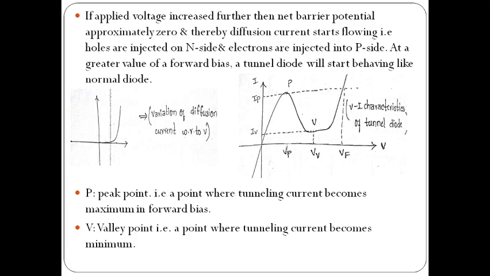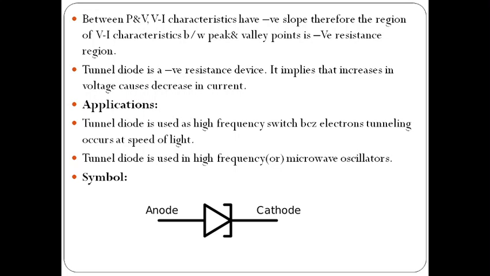So the peak point is a point where the tunneling current becomes maximum in forward bias. The valley point is a point where the tunneling current becomes minimum. Between point P and point V, the current decreases. That means the VI characteristics have a negative slope.